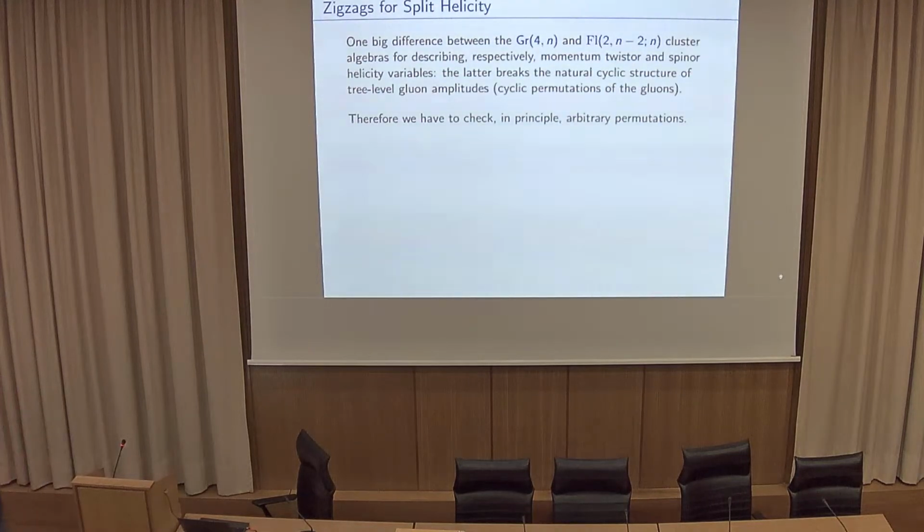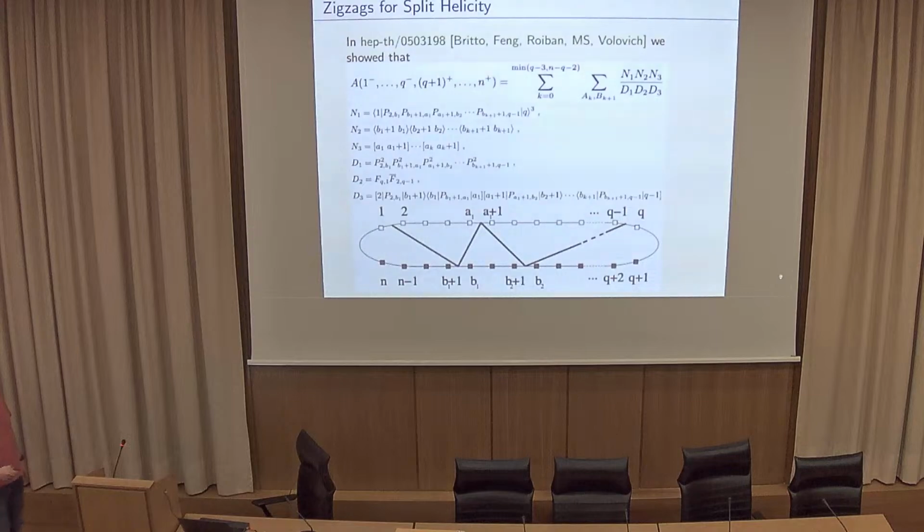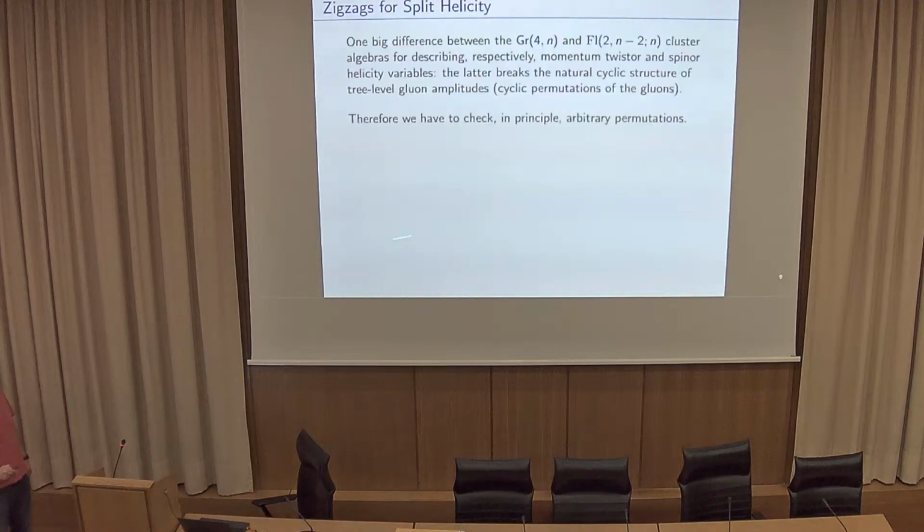Now, one big difference between the Grassmannian cluster algebra and the flag cluster algebra is that the flag cluster algebra breaks the natural cyclic ordering. So you see here, as I said already, these have a natural cyclic ordering, and that's reflected in the way these are arranged around that oval. But the embedding of the flag cluster algebra into Gr(4,n) breaks that.